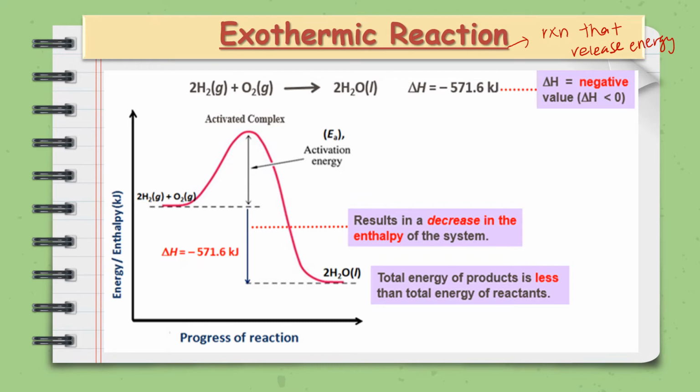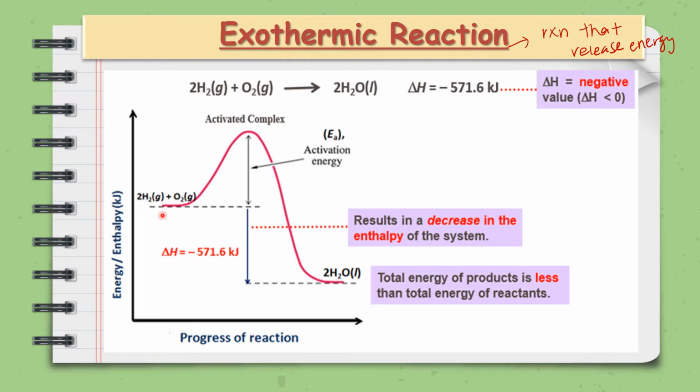From the system to the surrounding. So this is an example of a thermochemical equation. How do we know that this reaction is an exothermic reaction? By looking at the value of the delta H. So when you have a negative value, it means we have an exothermic reaction.